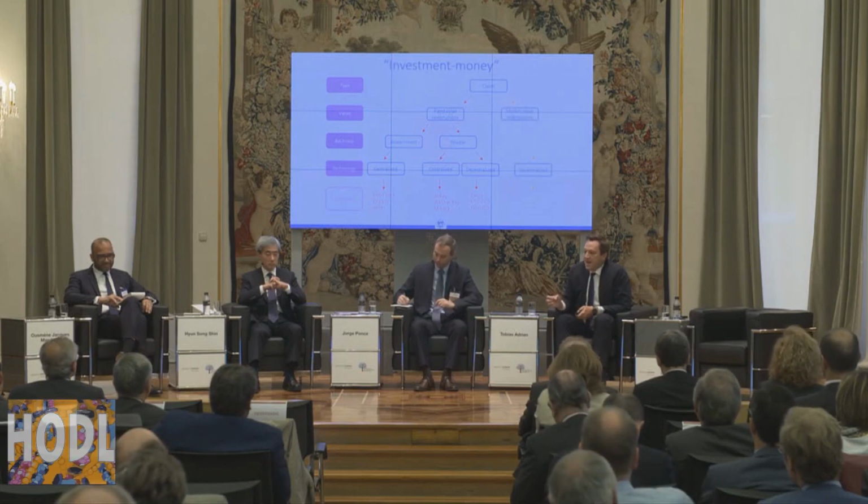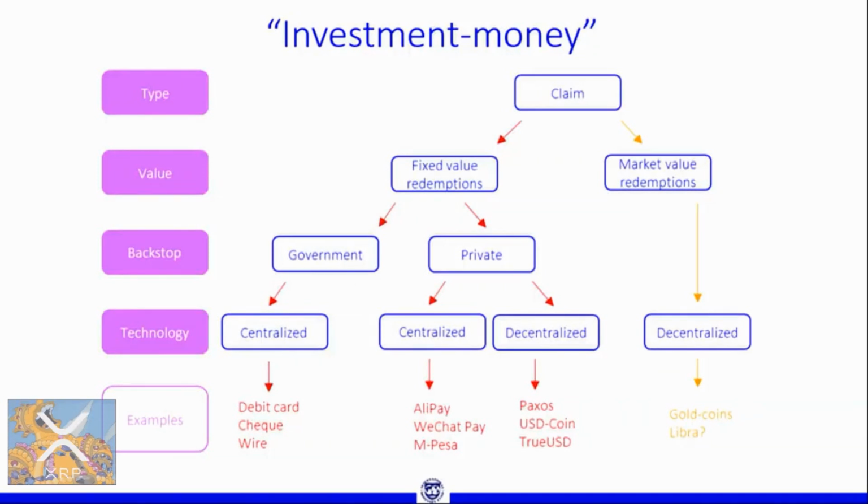In addition to that, there are forms of digital cash where the value is actually not guaranteed, where there are fluctuations in the value of your coin, and those are typically decentralized. For example, there are gold coins you can use today that are decentralized, and where the value of your currency fluctuates with the price of gold.